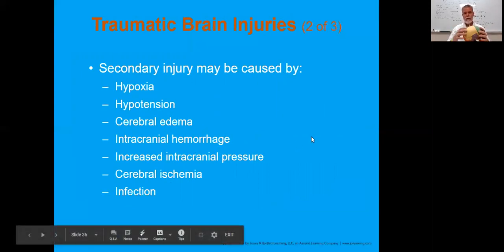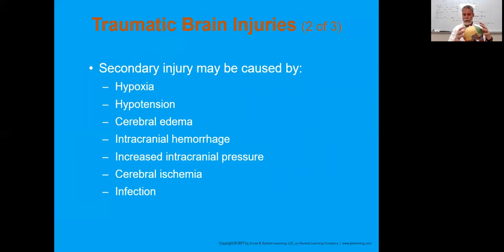Not getting enough oxygen, hypotension, swelling or cerebral edema, pulmonary edema, all those things just mean an increase in the swelling or the buildup of fluid. The intracranial hemorrhage, so something can actually be bleeding inside. So that's the secondary part of a TBI.